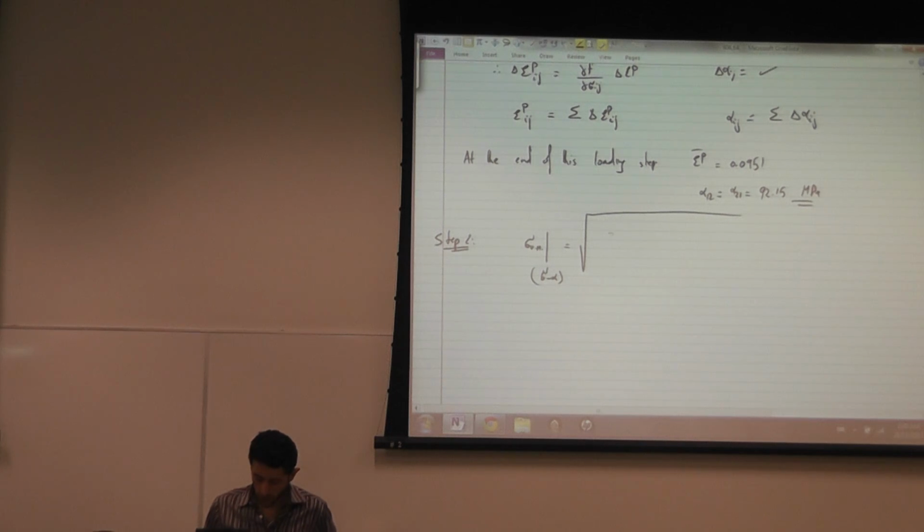This will be equal to 3 over 2, sigma 1, 2 minus alpha 1, 2 squared plus sigma 2, 1 minus alpha 2, 1 squared.